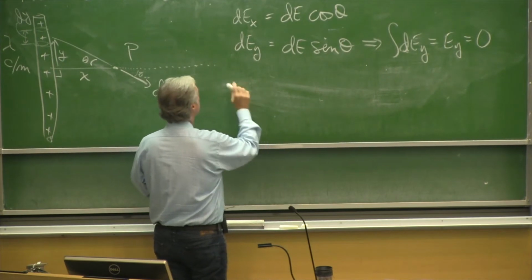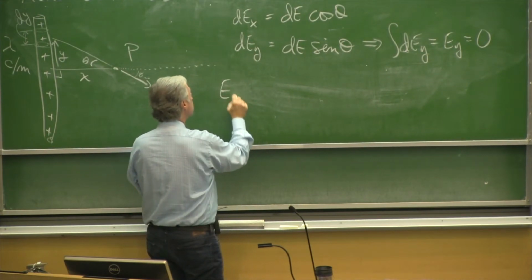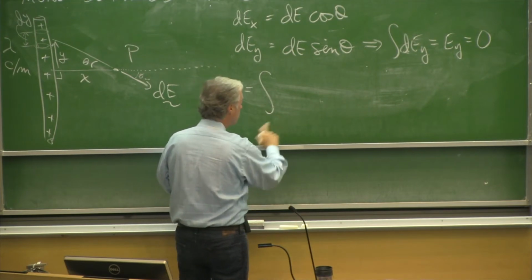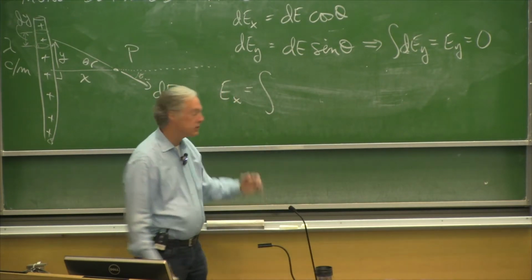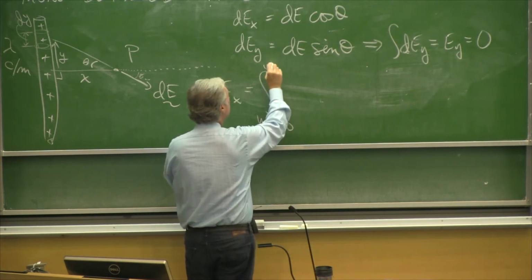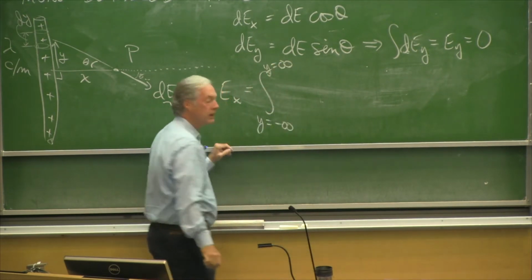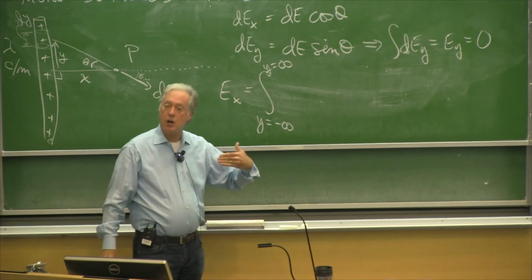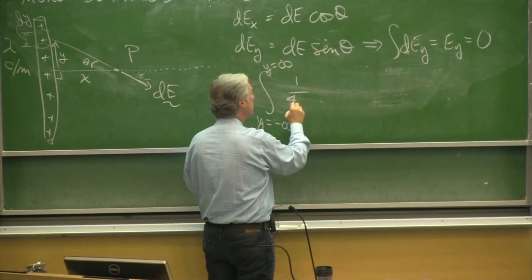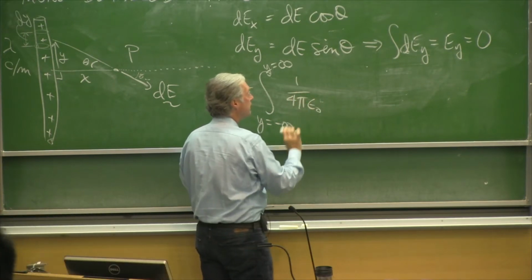So to get the total x component of the field, I need to go from, where do I need to go? Let's go from y equal minus infinity to y equal infinity. And then we're going to go through calculating the electric field. I got a 1 over 4 pi epsilon naught.